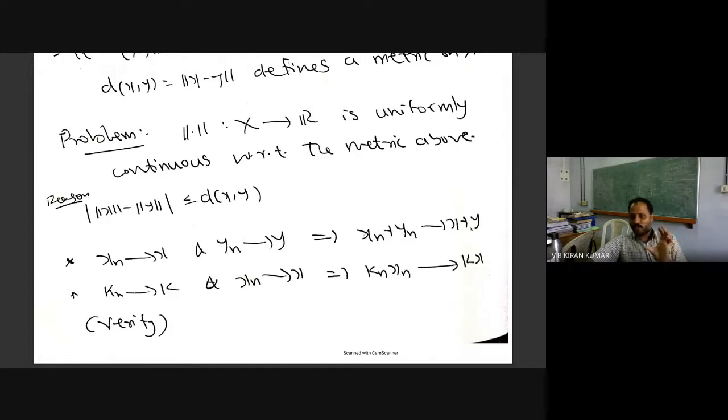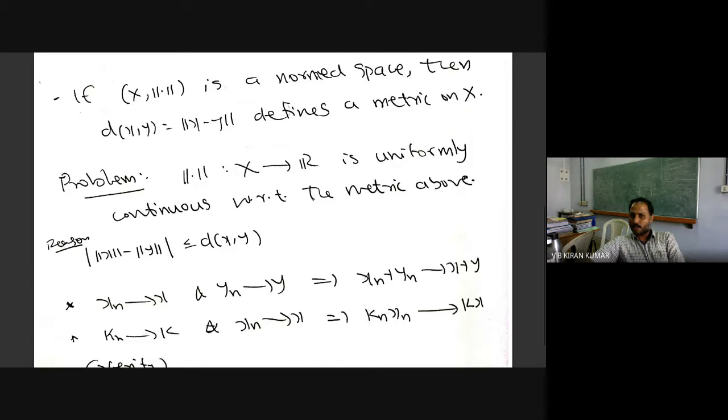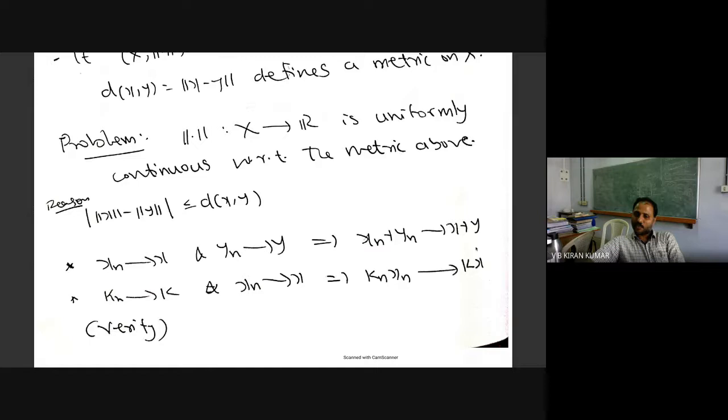That means d of (x_n plus y_n, x plus y) should go to 0. That is simply norm of (x_n plus y_n) minus (x plus y). Using the triangle inequality, that is less than or equal to norm of x_n minus x plus norm of y_n minus y. But that is d of (x_n, x) and d of (y_n, y). Since x_n converges to x and y_n converges to y, this follows very easily. Similarly, you can prove the other.